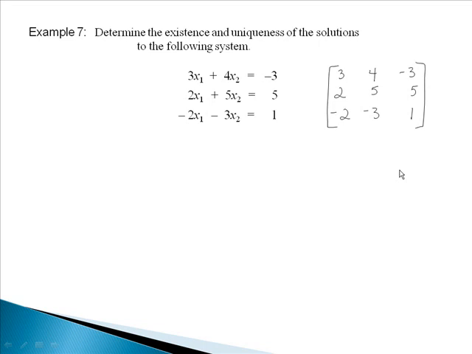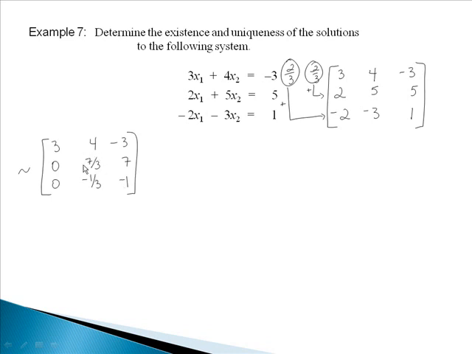So the first step, I'm going to multiply by negative 2/3 and add it to the second row. And then I'll multiply by a positive 2/3 and add to the third row. So I get the following matrix.